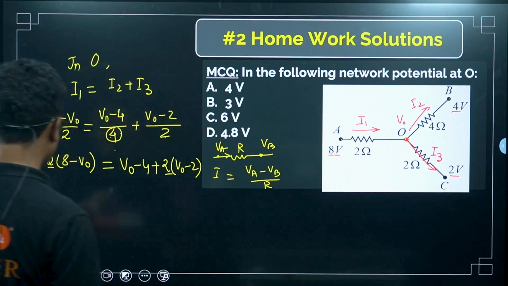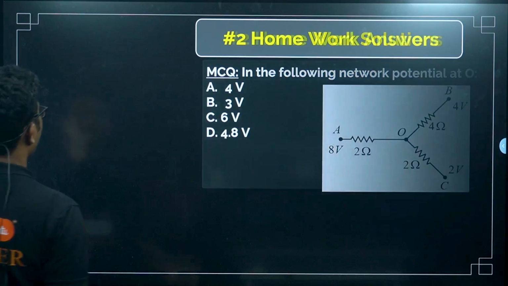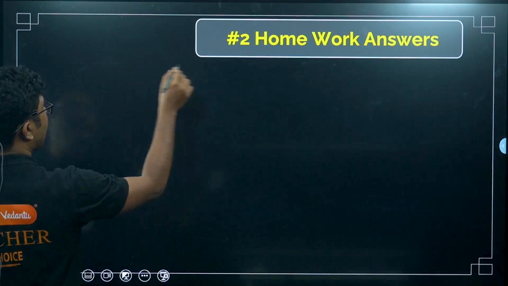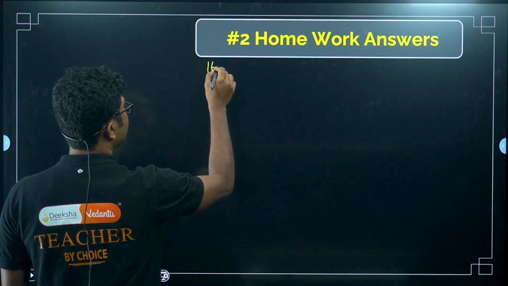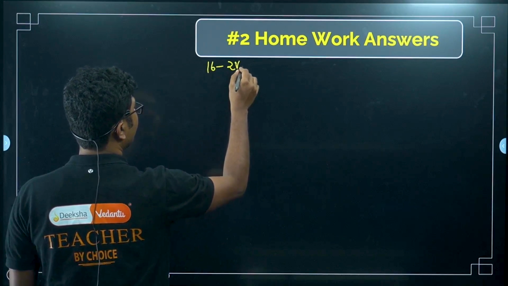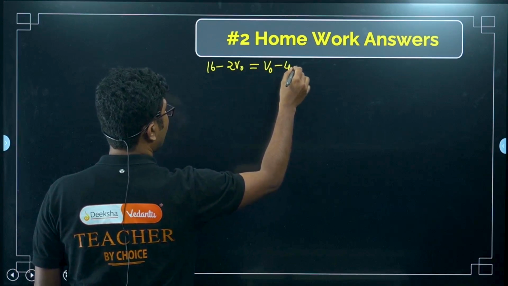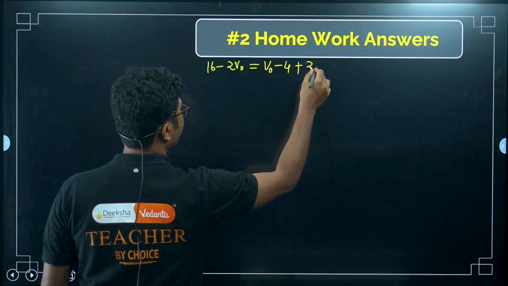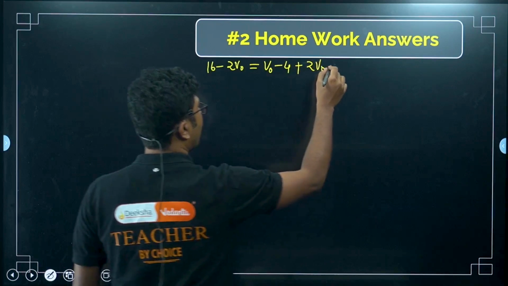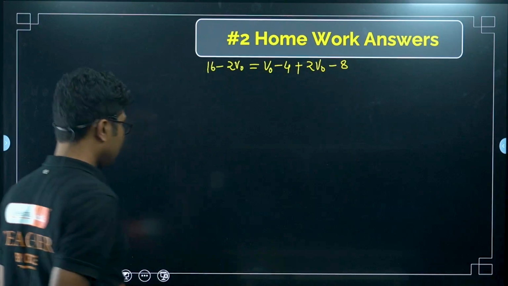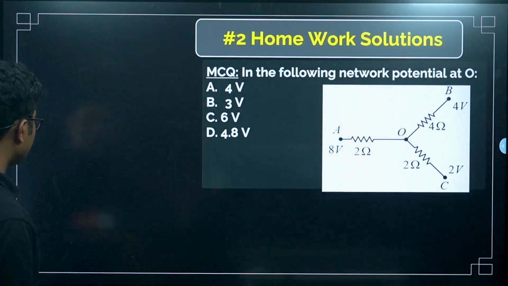Now let's continue. So we can write this as 16 minus 2 VO equals to VO minus 4 plus 2 VO minus 8, right? Let's check it once.